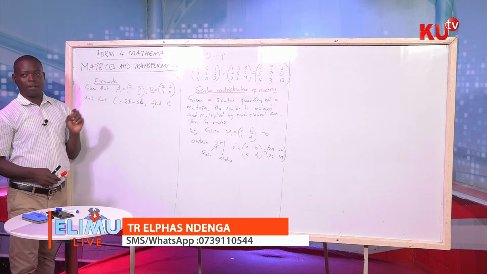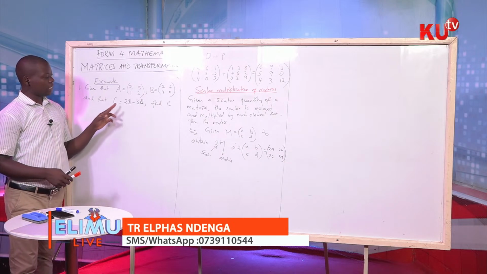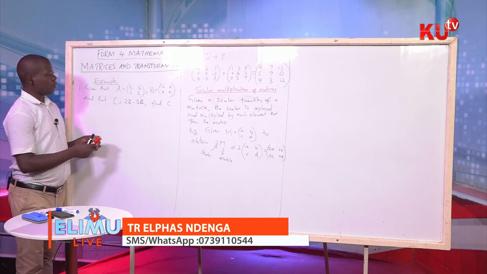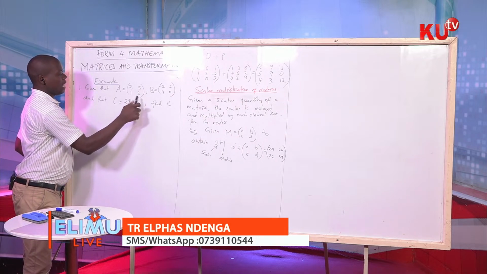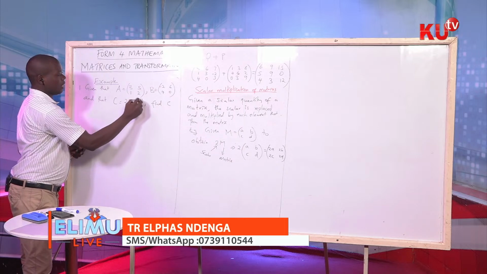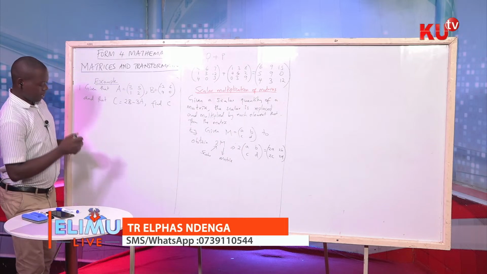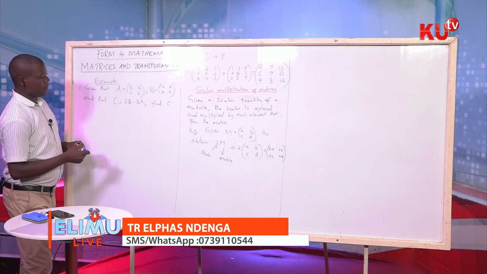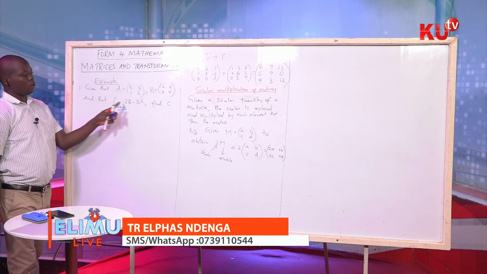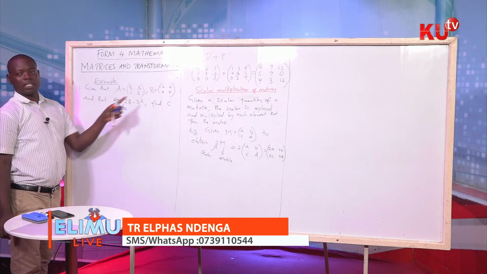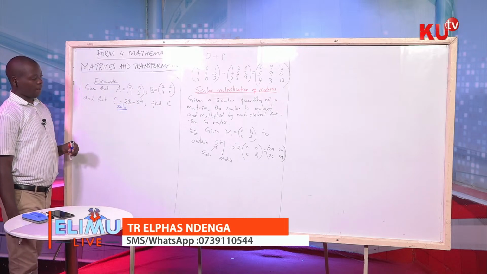to find C, and the condition for C is that C is 2B less 3A. Then to obtain this matrix, we replace in the value of 2 and the matrix B and multiply.